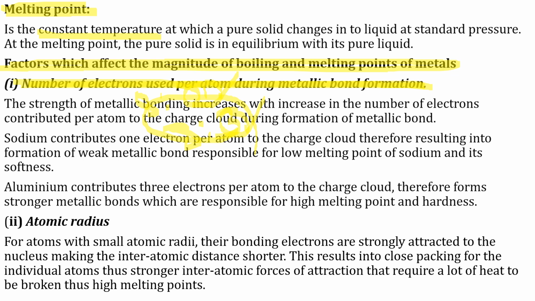Whereas magnesium has 2 electrons in the outermost energy level. That means the metallic bonds are going to be relatively weaker. We expect the melting point and boiling point of aluminium to be greater than that of magnesium. So you can look through the notes as I stated them and write down what's being required.